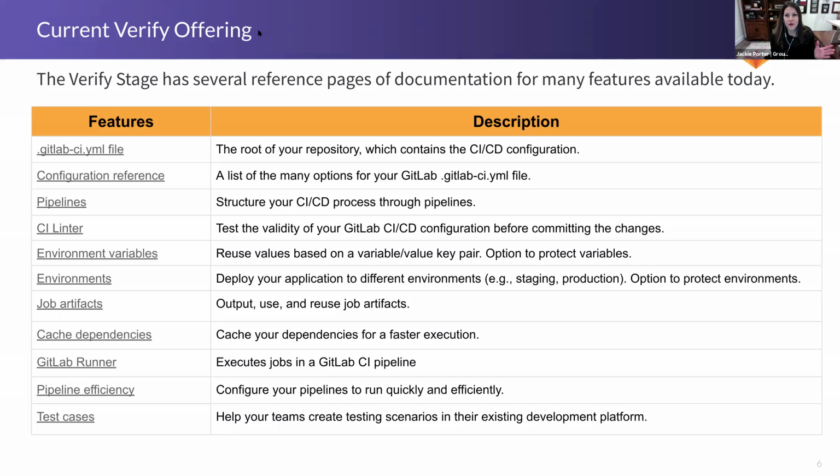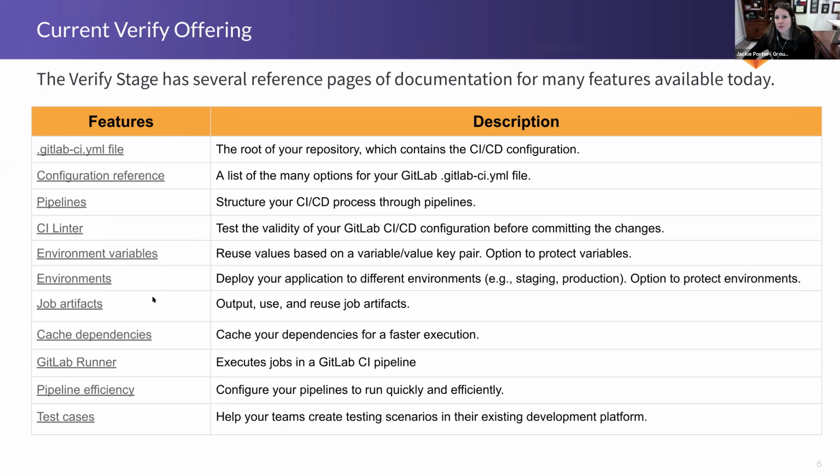As a quick overview, this is a current offering of our most used features across the Verify team. Each of these features are linked to the documentation page. So some of them include our GitLab YAML reference, as well as pipelines, the CI linter, which is a part of the pipeline authoring group, environment variables and environments, which are spanning both the release and the verify stage. They kind of get used in both areas.